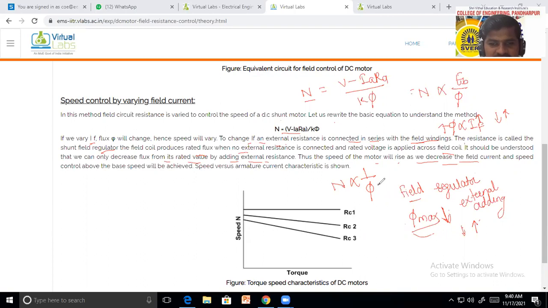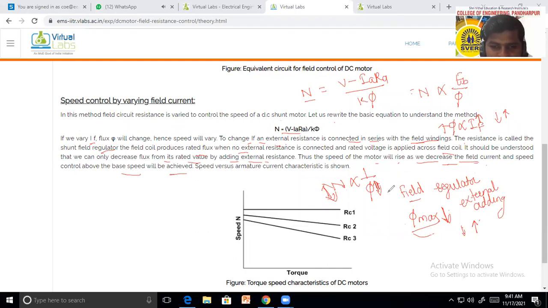If the flux phi decreases, then the speed of the motor will increase, and if the flux phi increases, then the speed of the motor will decrease. Okay, now thus by decreasing the field current, speed control above the base speed will be achieved.